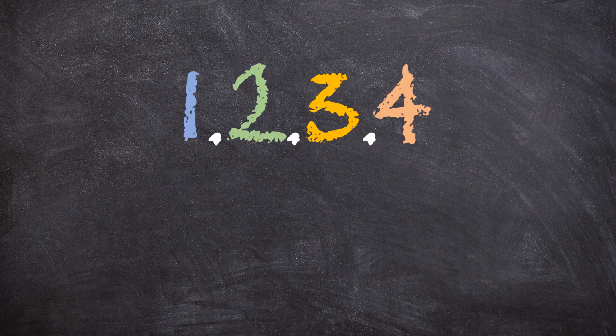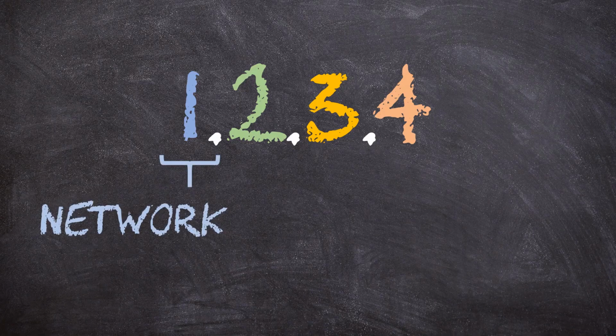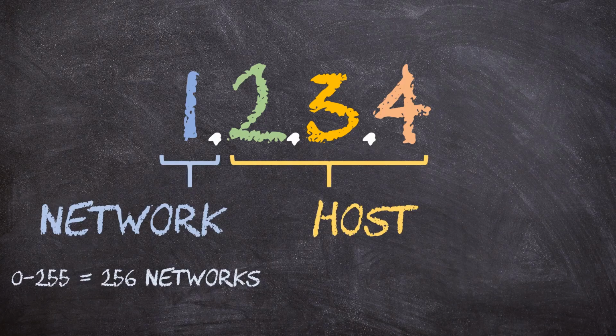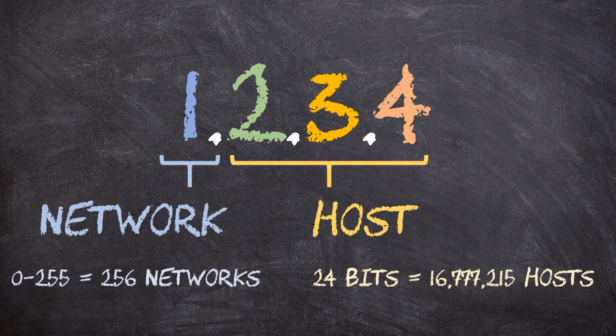When the Internet Protocol was first created, the first octet always represented the network, and the following 3 octets were used for hosts. The largest value that we can get out of a single octet is 255. That means that there was only room for 255 different networks.